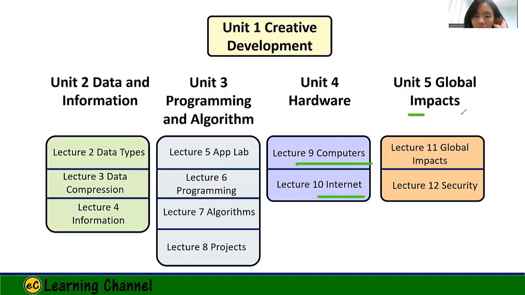Unit 5 talks about global impact: data security, cyber security, and other issues such as intellectual property and the digital divide, many impacts caused by computers. These are the ideas covered by computer science principles, and we will teach you unit by unit. Today we will be covering unit 1, creative development.